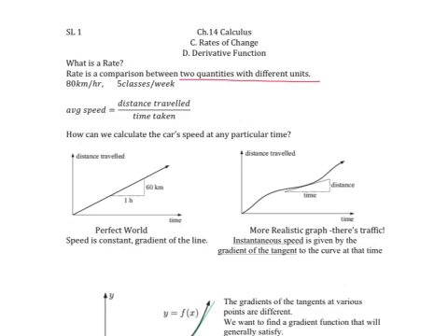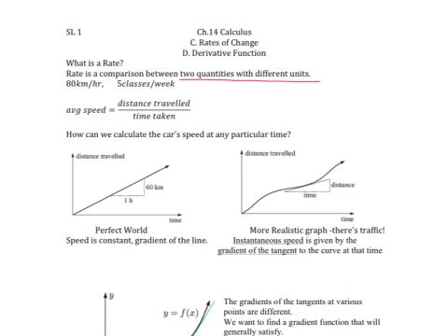The one on the right side is a more realistic graph because there's traffic, so sometimes you're going to go a little bit over 60 miles, sometimes you're going to be driving less than 60 miles. The instantaneous speed is given by the gradient of a tangent to the curve at any given time.